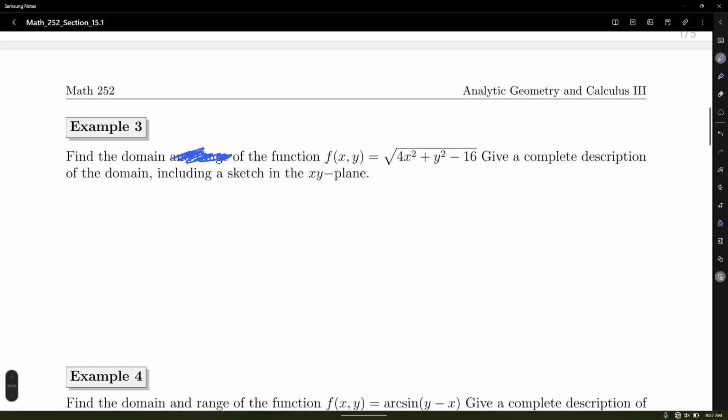So guys, this is going to be one of the most important tools in functions of multiple variables. That's because based on what we understand in this chapter, we need this when we get to the next chapter, when we get these regions in the xy plane to define double and triple integrals.